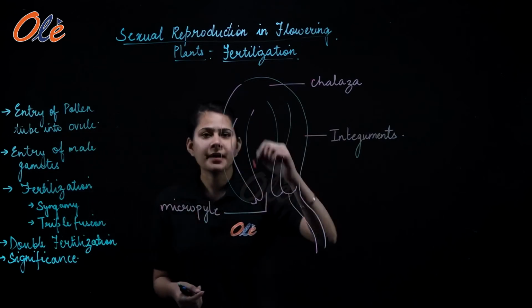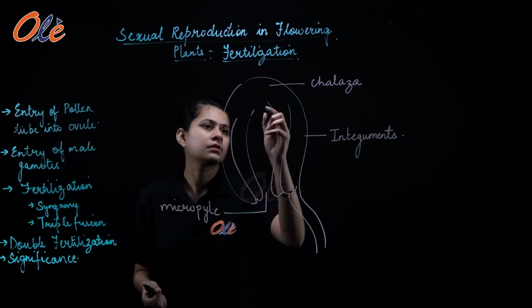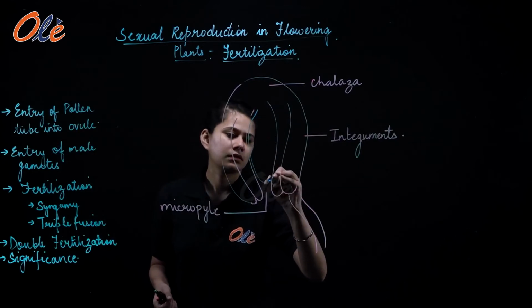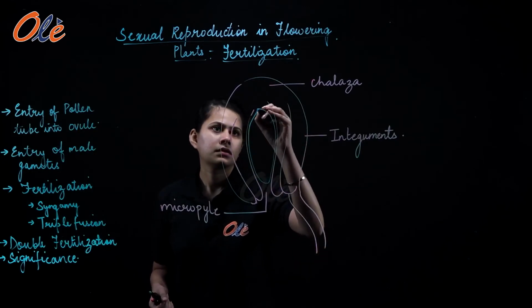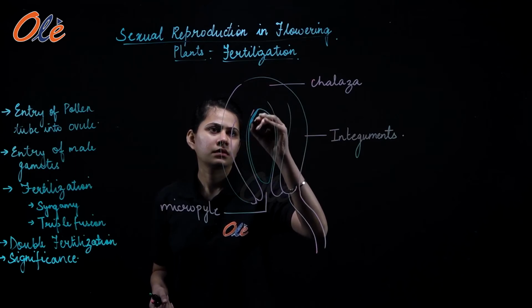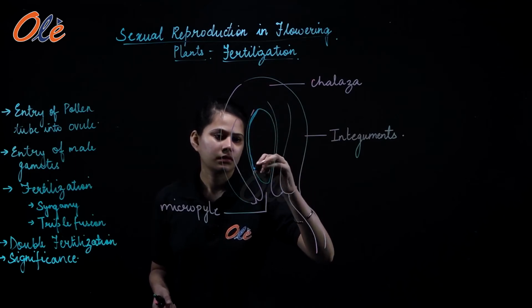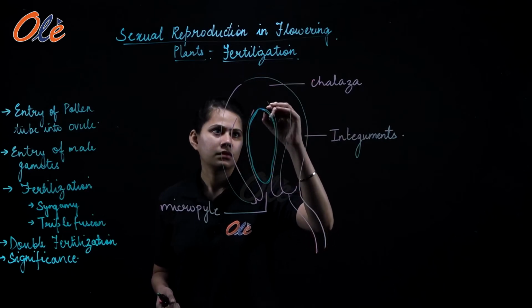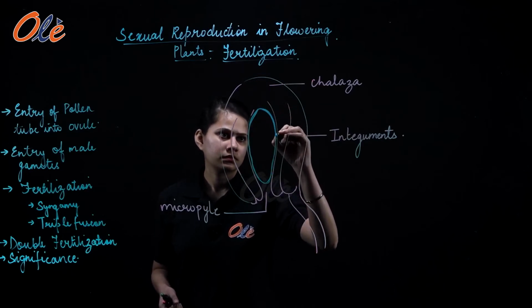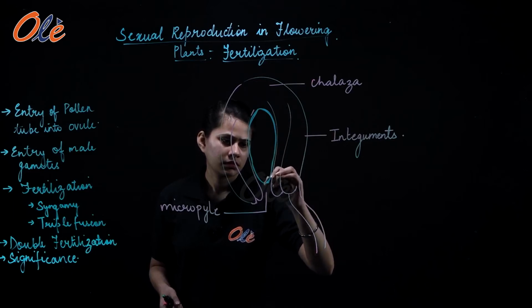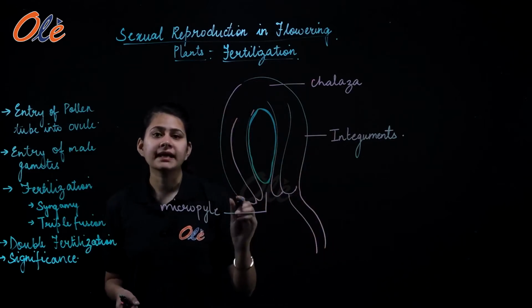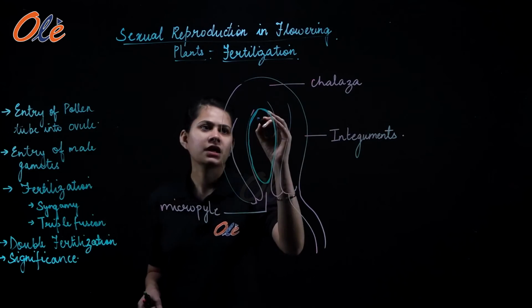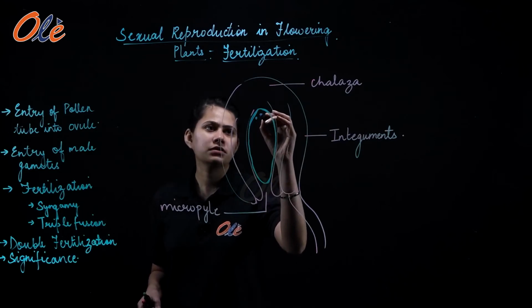Now see, here the embryo sac is developing. If you recap about the embryo sac, it has 8 nuclei, right?